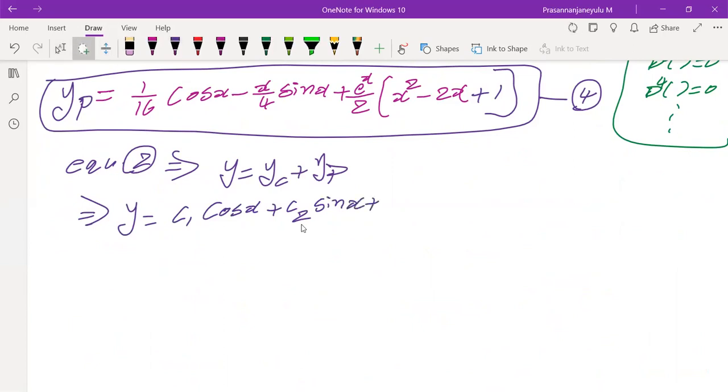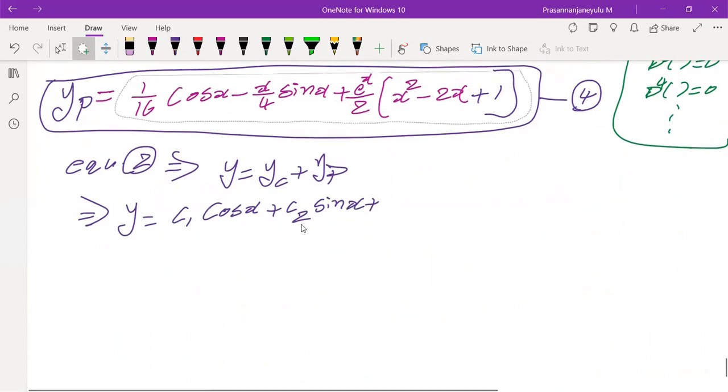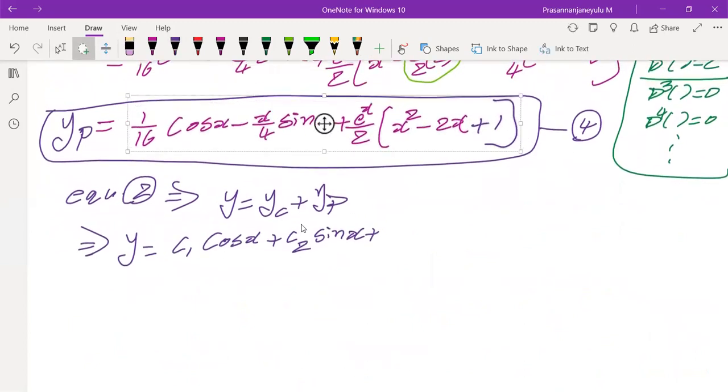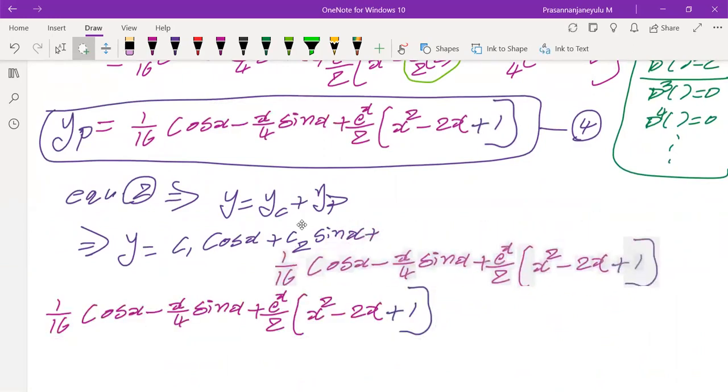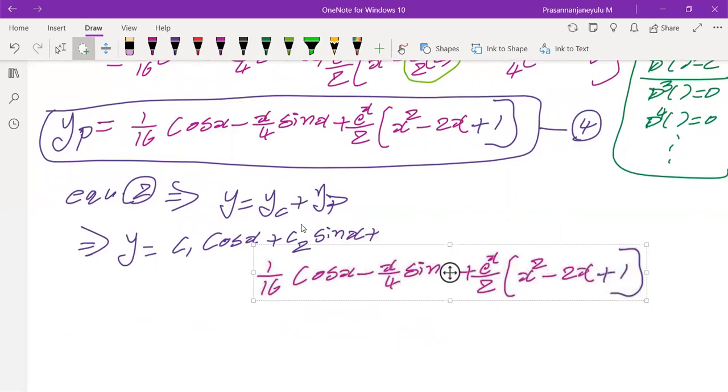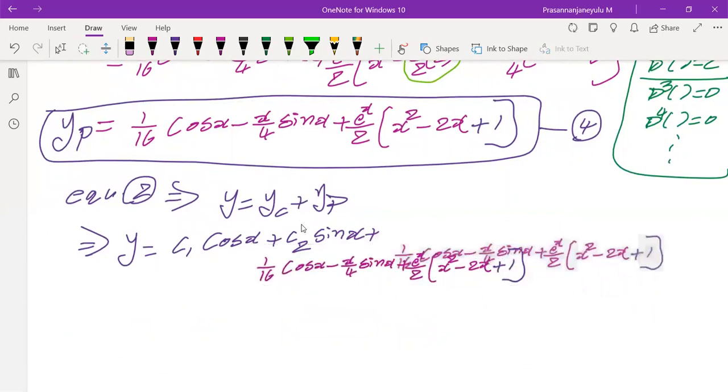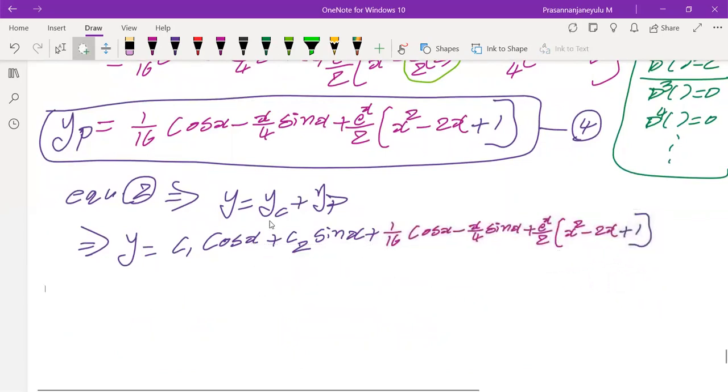This everything is yp. So this is the general solution of the given differential equation. This one is the general solution of the given differential equation. Hence, this is the solution.